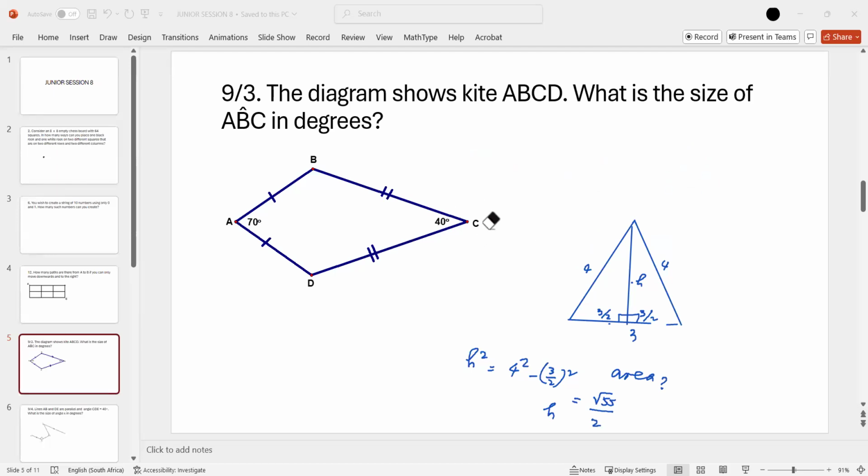Because the equilateral triangle has all the sides equal, we can give a name to that side. Right? So if I've got an equilateral triangle, let me just get rid of this thing here.